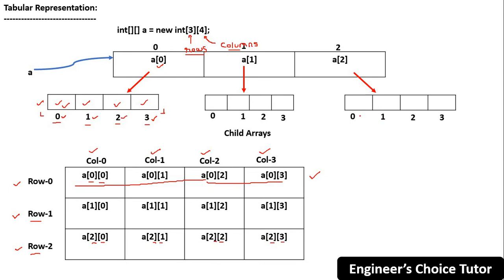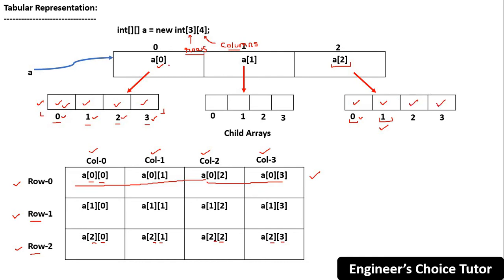What does it mean? See, this is the child array 3 in which I want to access this one. For this one, it is a2, and what is the index here? 0. So 2 0. What is the index here? 1. So a2 and then 1, 2 1. Using the 2 1 combination we can access this. Using 2 2 we can access this. Using 2 3 we can access this.